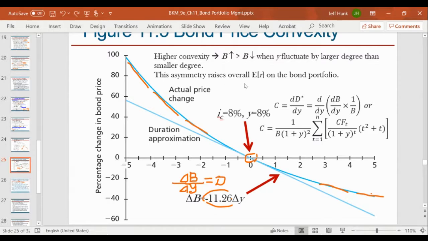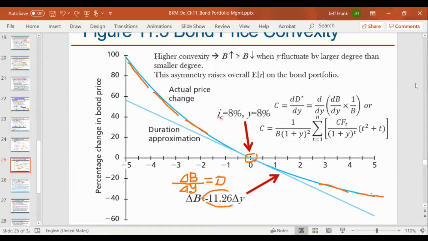This asymmetry raises overall expected return on the bond portfolio. Now think about it. If it is symmetrical, the upward and downward changes in bond price will cancel out when the overall interest rate change on average is the same.